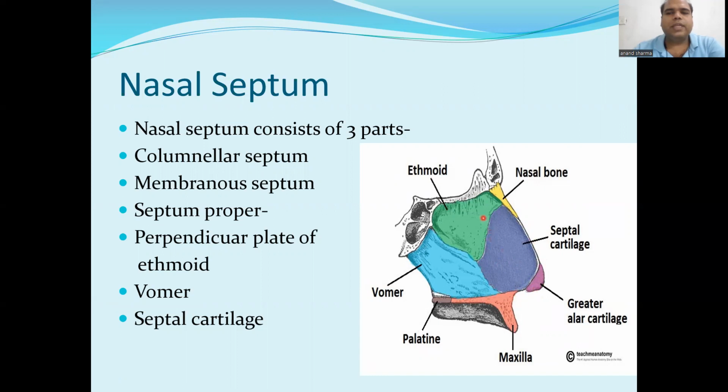Then there is the perpendicular plate of ethmoid, vomer bone, and the rostrum of sphenoid is also there. So all these things get together and form a septum in between the right and left nasal cavity. So the septum is partly cartilaginous and partly bony.